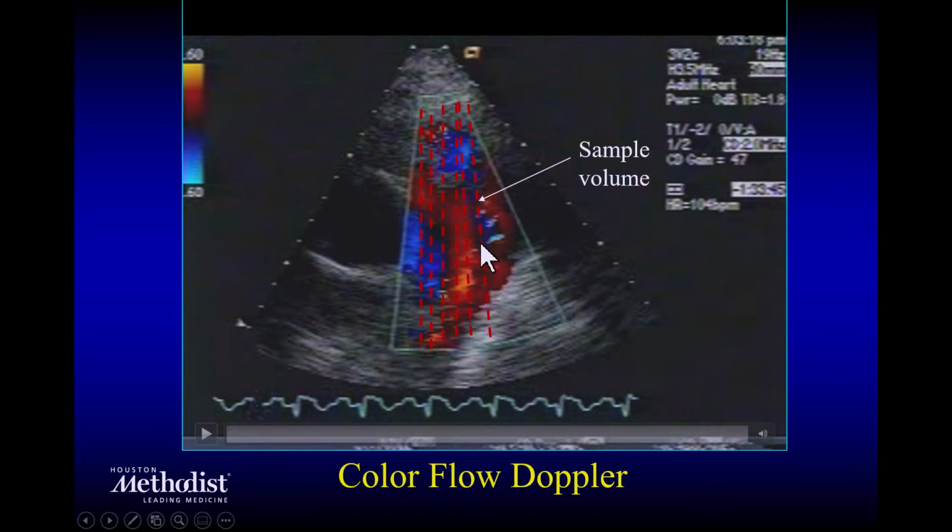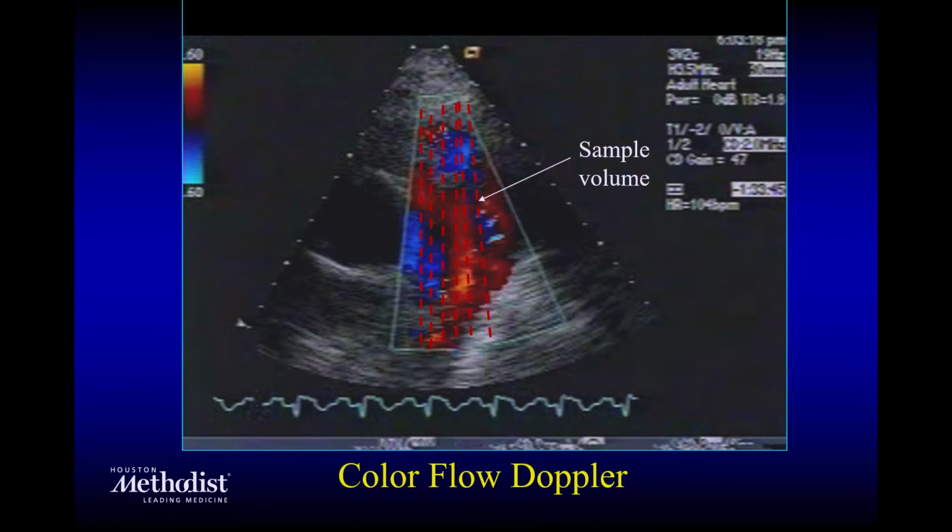And these multiple sample volumes are not using a fast Fourier analysis, because it will take much more time. This is an autocorrelator estimate of mean velocity at each site. The aliasing velocity is usually lower than that with the regular pulse Doppler, but at least it will give us information as to flow in a particular chamber, right?